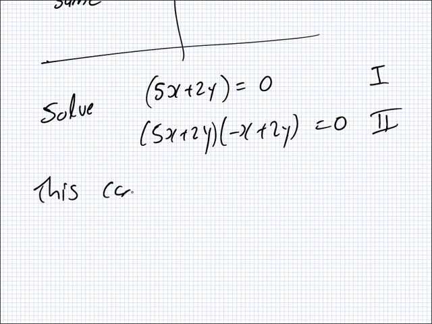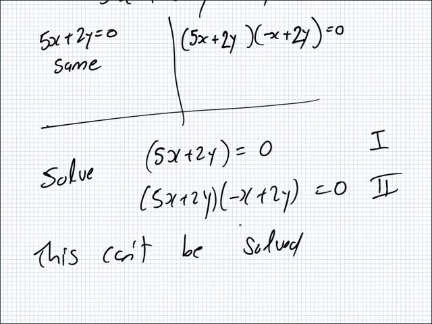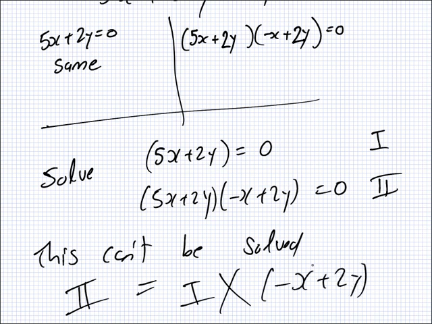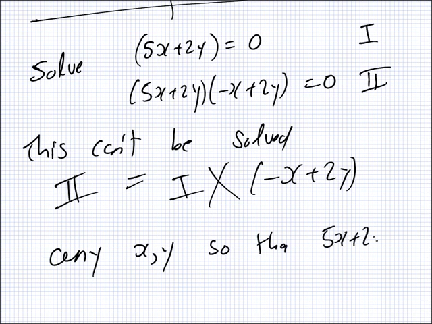This can't be solved because, for the same reason as before, equation 2 is equal to equation 1 multiplied by minus x plus 2y. So because this is a multiple of the previous one, we can't solve it. The solutions are any x, y so that 5x plus 2y equals 0.